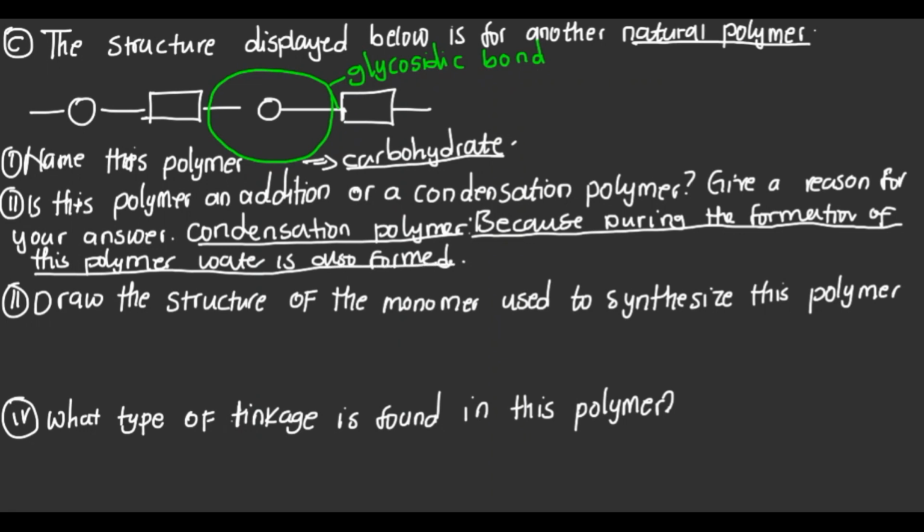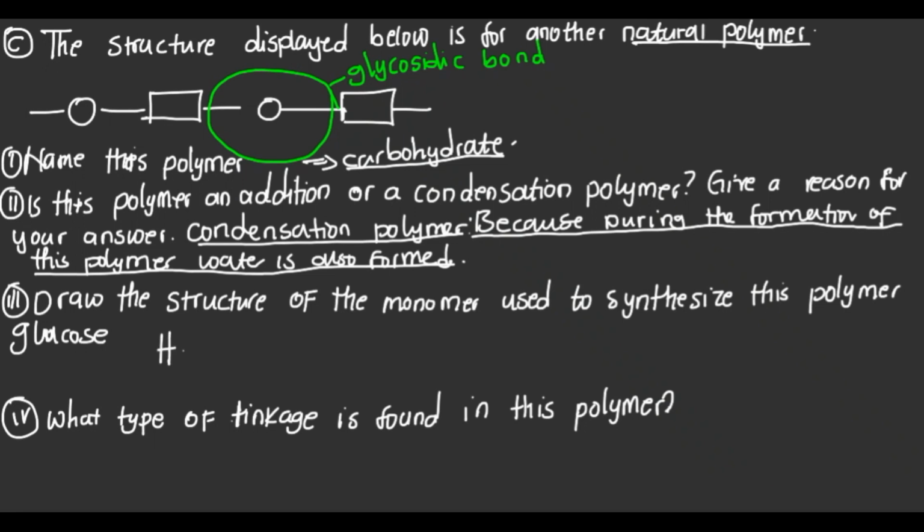Now let's look at Roman number 2. This should be 3. Draw the structure of the monomer used to synthesize this polymer. The polymer we said is carbohydrate. So what are the monomers? The monomer for carbohydrate is glucose. Now what is the structure for glucose?